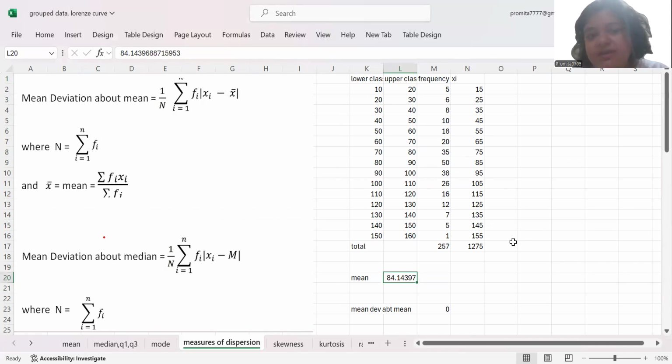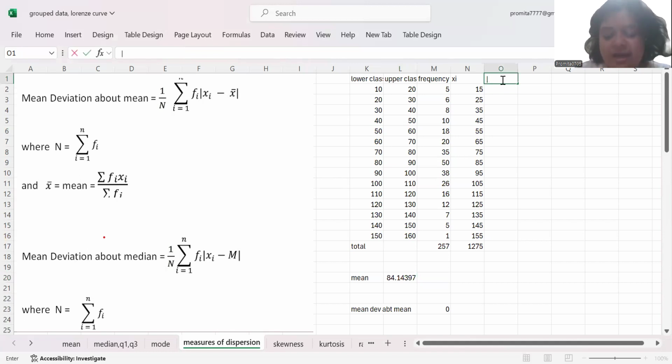To calculate the mean deviation, first and foremost we have to calculate the absolute value of xi minus mean. So we write equal to abs. Abs is basically the absolute value. So xi minus my mean, which was 84.14397.